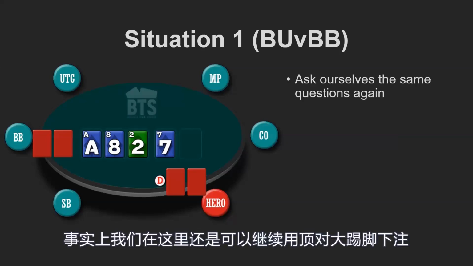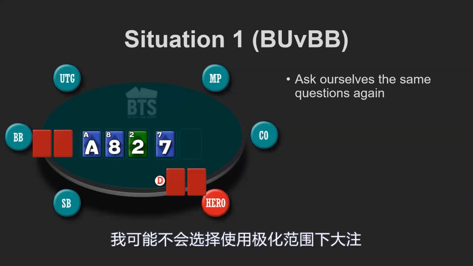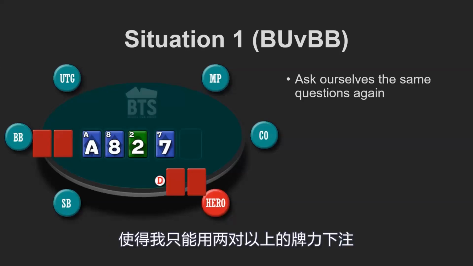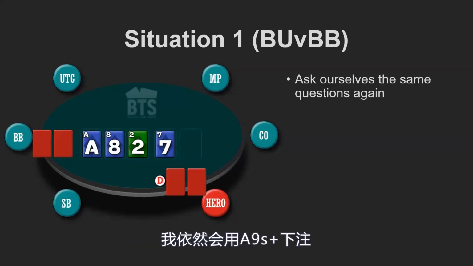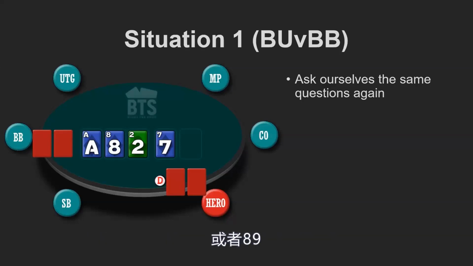Yeah, so basically we still want to be value betting here with good top pair type hands. I don't want to be polarizing myself and betting big and only being able to bet something like 2 pair plus. I still want to be betting hands like ace 9, to deny equity of hands like pocket 6s with a diamond or hands like 8 9, or still get value from a hand like ace 5.